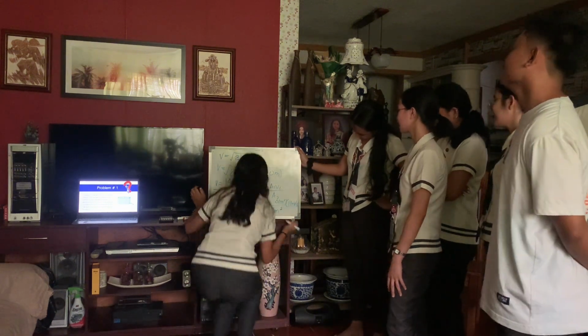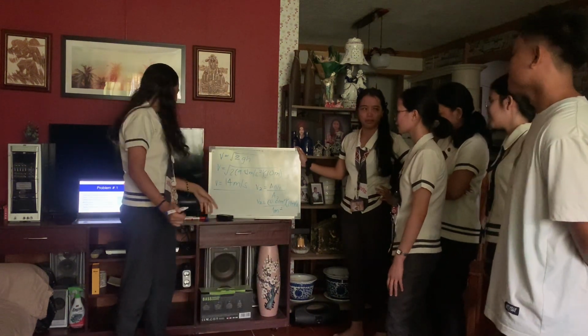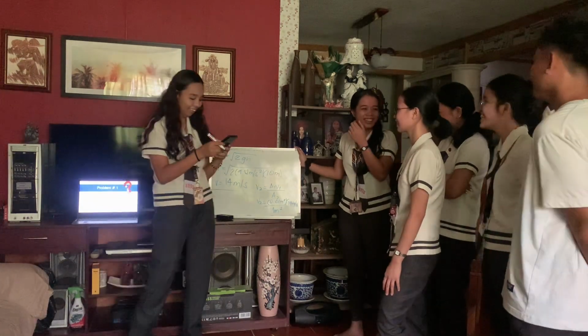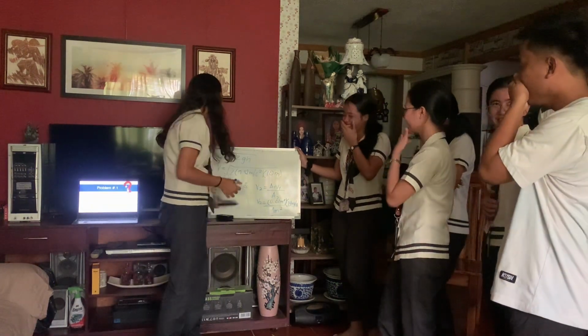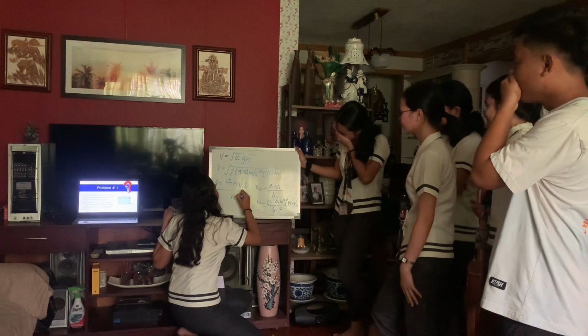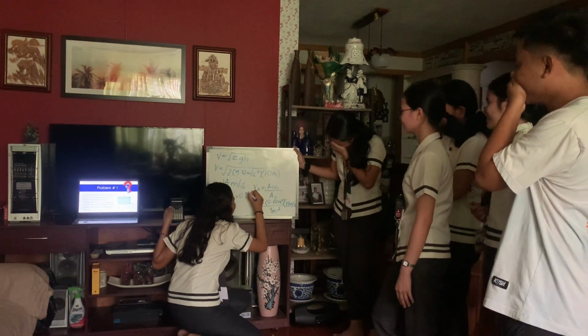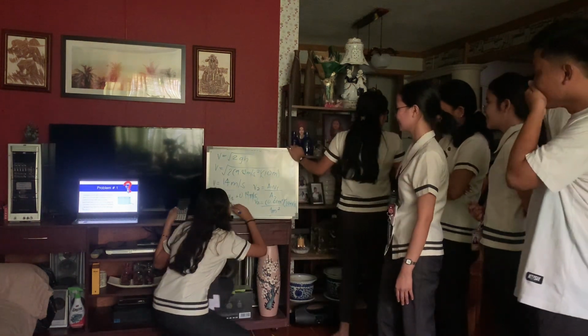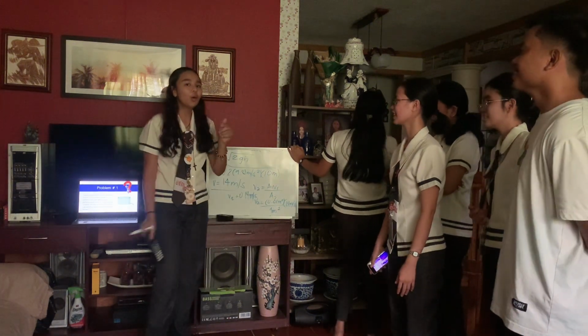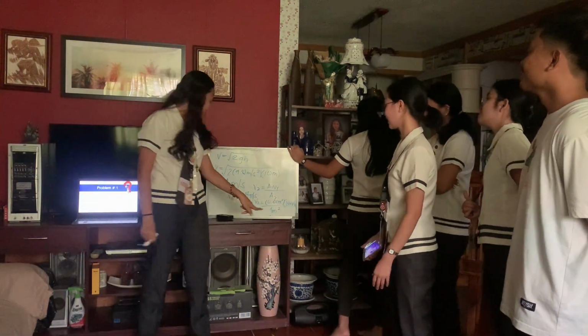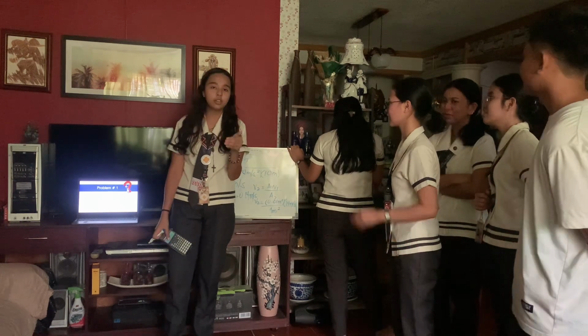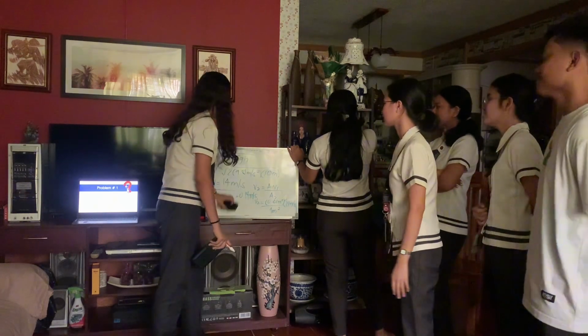If we calculate this, V2 is equals to 0.14 meter per second, which is approximately 0. So we proved that our assumption of 0 is correct. That's it for today.